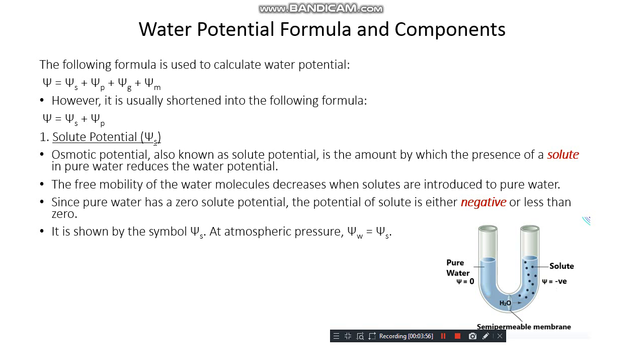When the solute content increases in the solution, it limits the free movement of water, so it reduces the water potential. So we say the solute potential of water is negative, or less than zero, all the time.